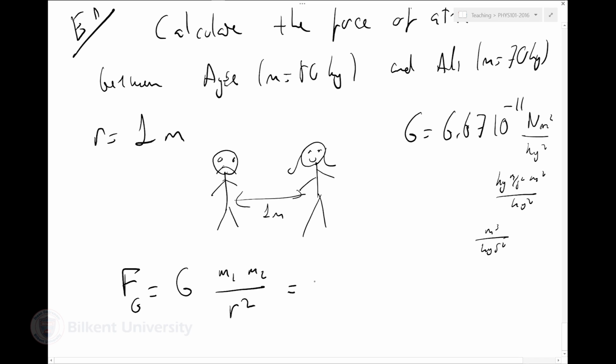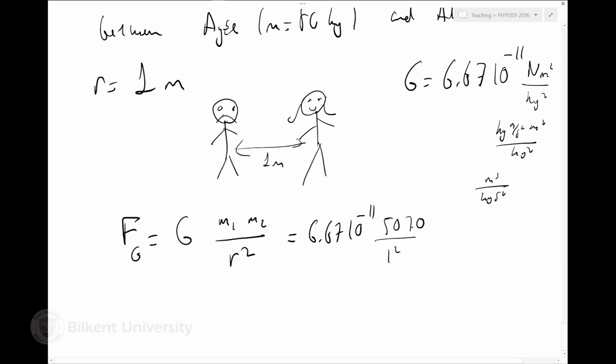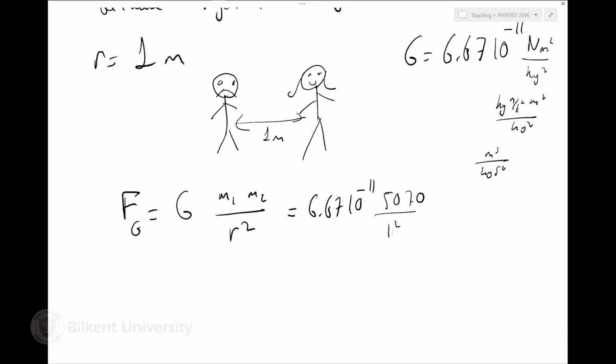So let's put these numbers in. 6.67 times 10 to the minus 11. M1 is 50. M2 is 70. R is 1 meter, so 1 squared. All in all, that is 35 times more or less 7 times 10 to the minus 9 newtons.